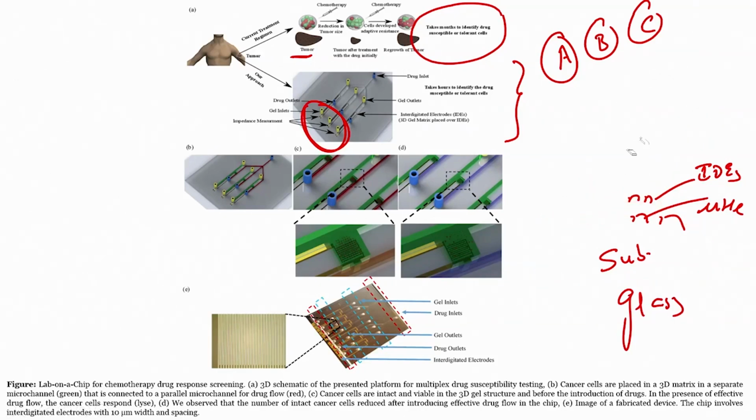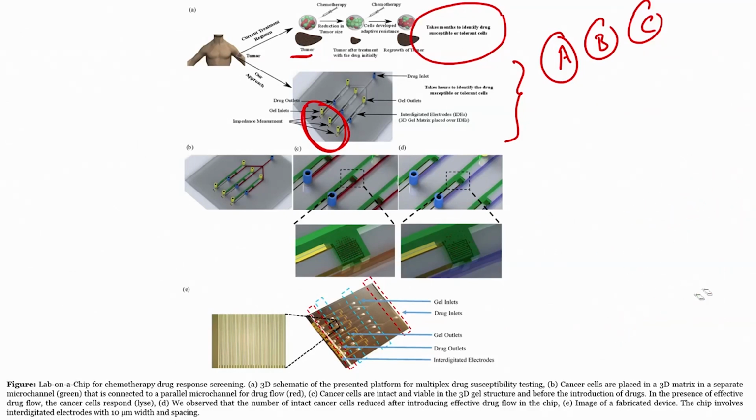So, when you do this, what will happen? You can also form interdigitated electrodes using this particular pattern.